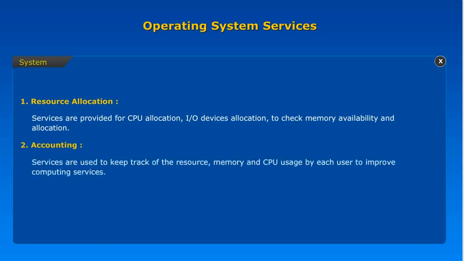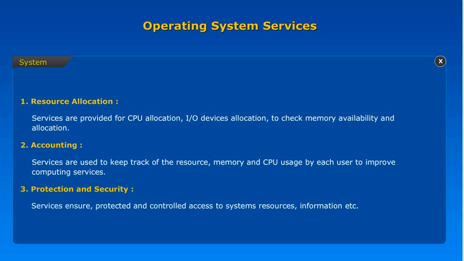Accounting. Services are used to keep track of the resource, memory, and CPU usage by each user to improve computing services. Protection and security. Services ensure protected and controlled access to systems, resources, information, etc.